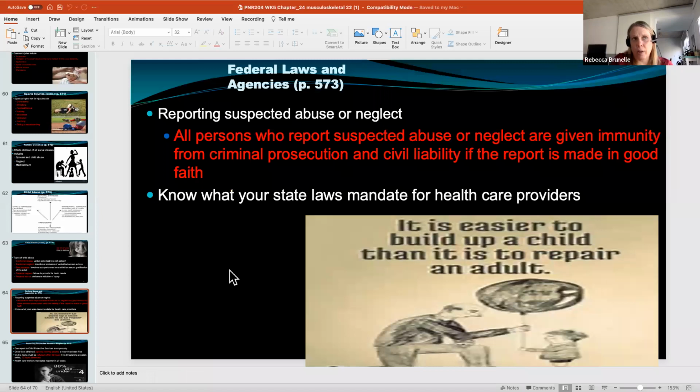A lot of times students worry that if they report, they could get in trouble. If you're reporting in good faith, you cannot be criminally prosecuted. Wherever you're practicing as a nurse, know your state laws, but every state requires nurses to report. So you're what's called a mandatory reporter if you suspect abuse.